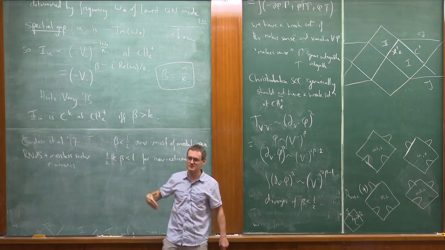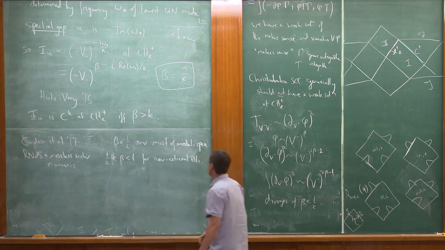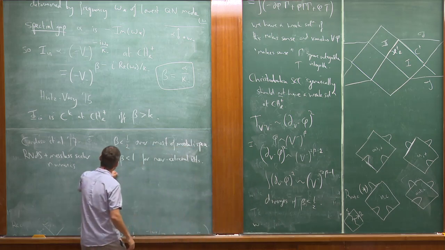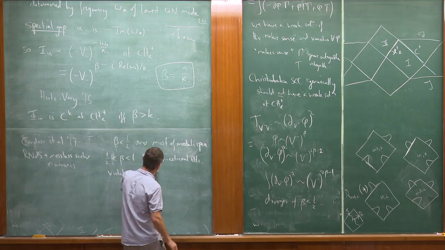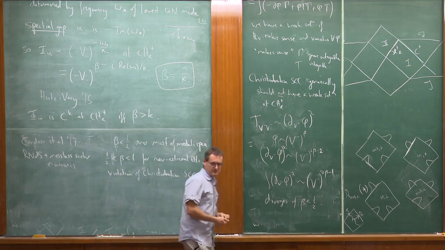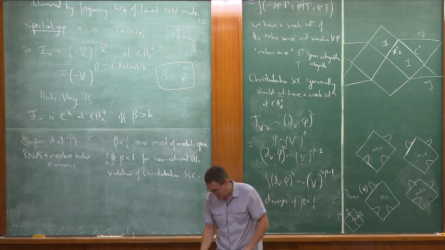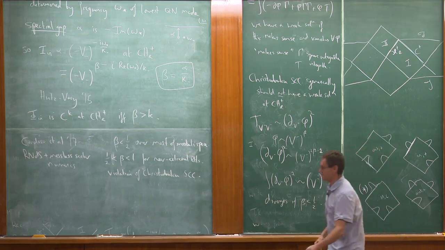So you have a divergence, but you can still extend beyond it in the sense of weak solutions. And so that's a violation of the Christodoulou version of strong cosmic censorship. Okay, so the strong version of strong cosmic censorship.